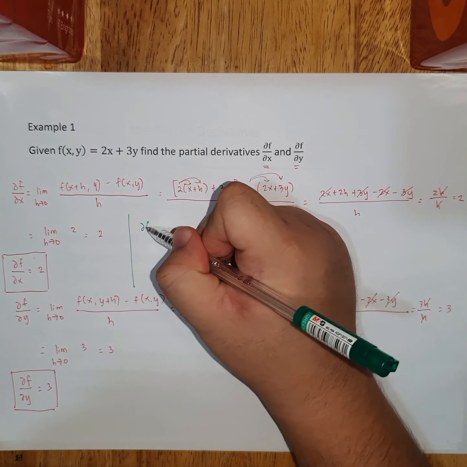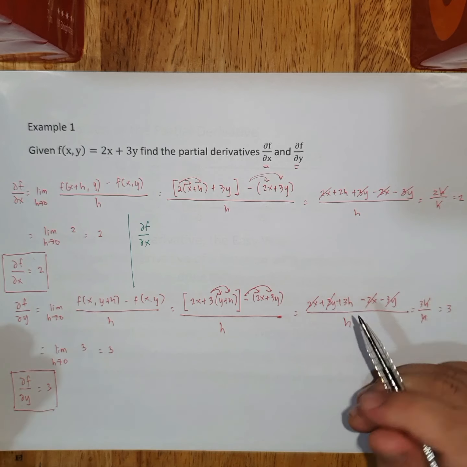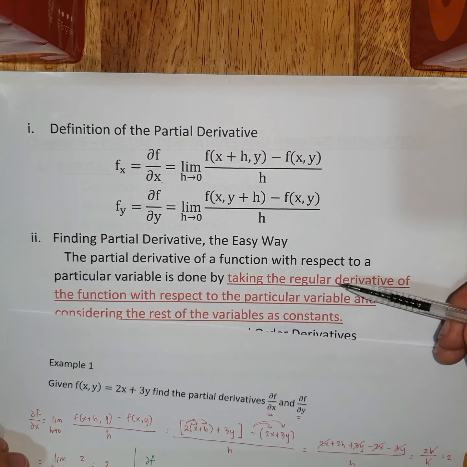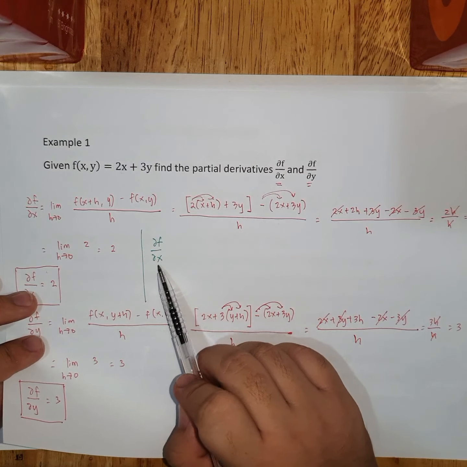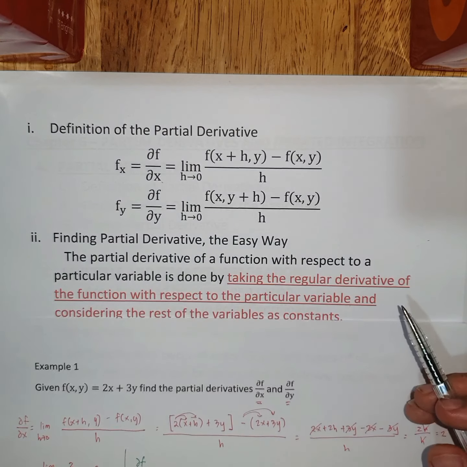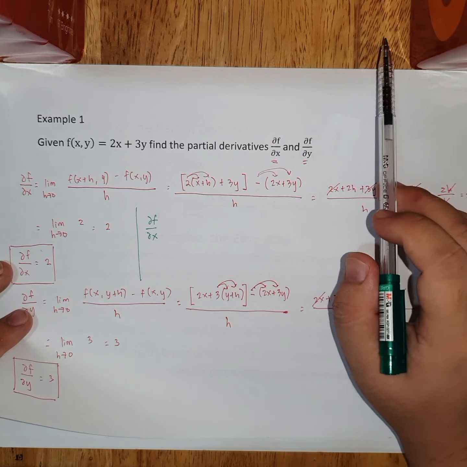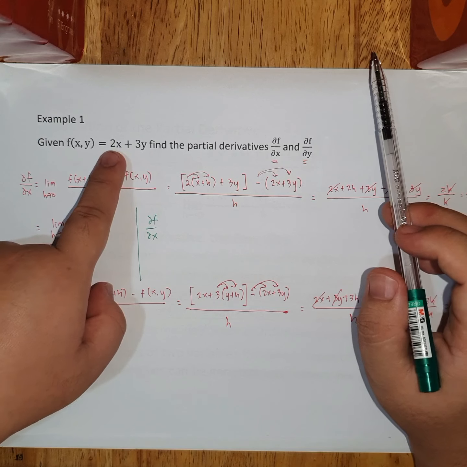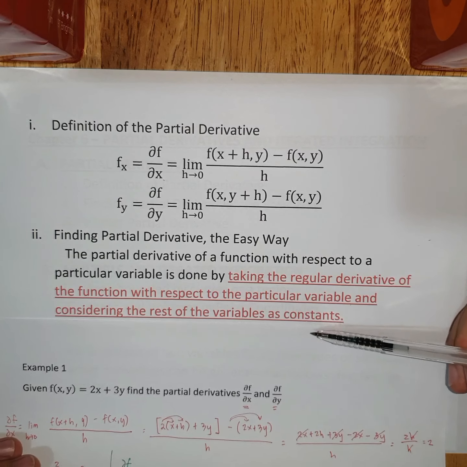So kung yung partial of f with respect to x, ibig sabihin, yung particular variable na sinasabi natin dito is yung x. So ibig sabihin, ang de-derive lang natin sa given na problem natin is yung x lang. Tapos yung y o yung other variable are treated as constant.